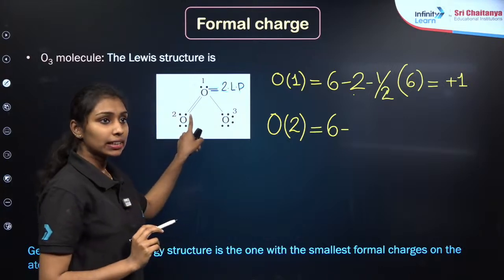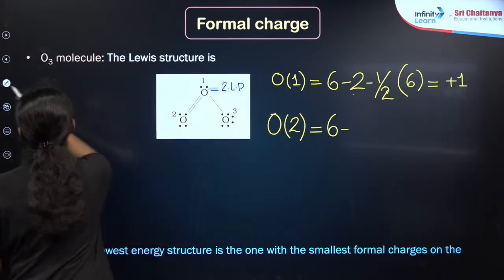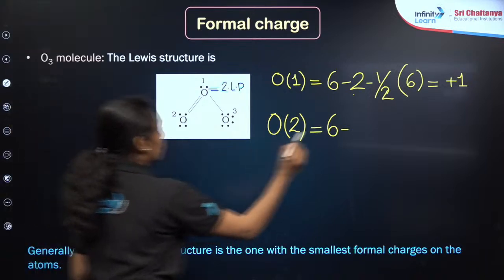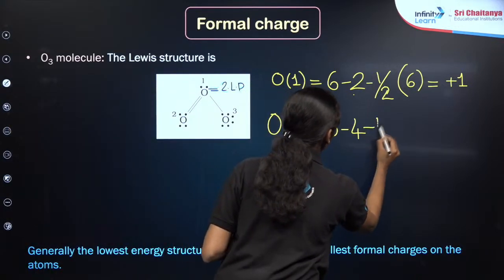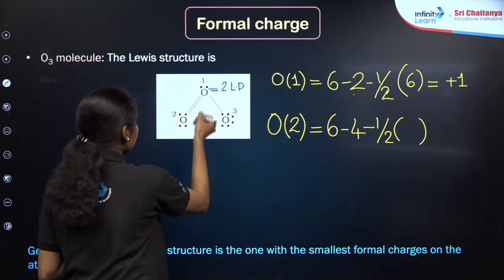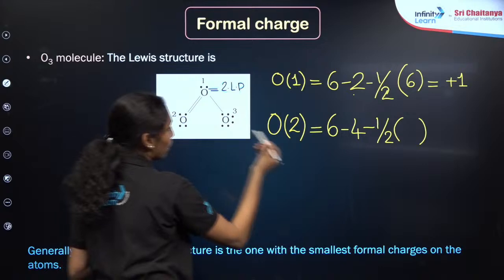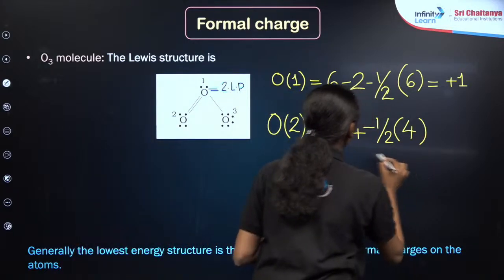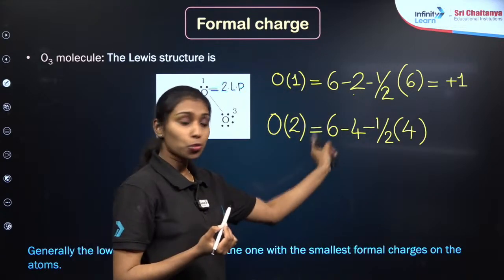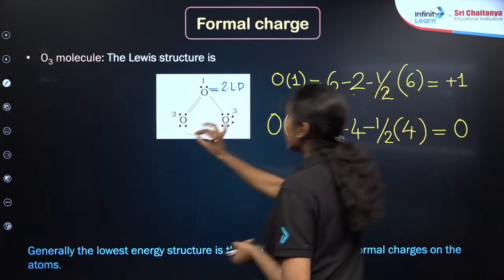As you can see here, total 1, 2, 3, 4. 4 lone pairs are present, right? So I am taking 6 minus 4. Then half into the bond pair electrons. How many bonds are present here? In the case of this oxygen, it has 2 bond pairs, that is a total of 4 electrons. So I am again taking 4. Then it is equal to 6 minus 4, 2. 2 minus 2, that is equal to 0. 0 will be the formal charge on the second oxygen atom.